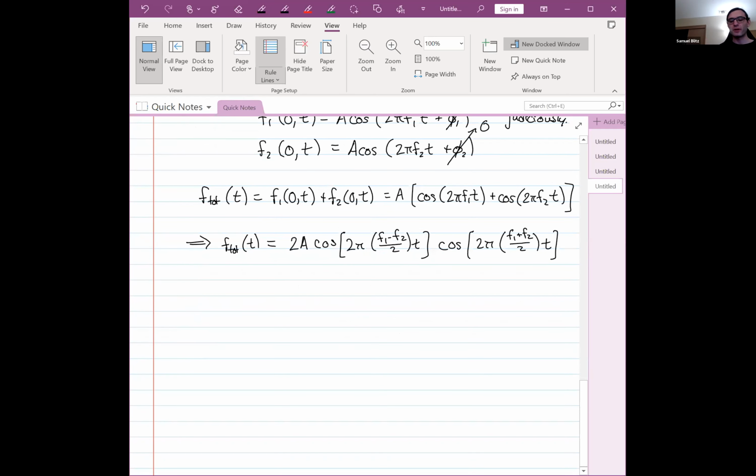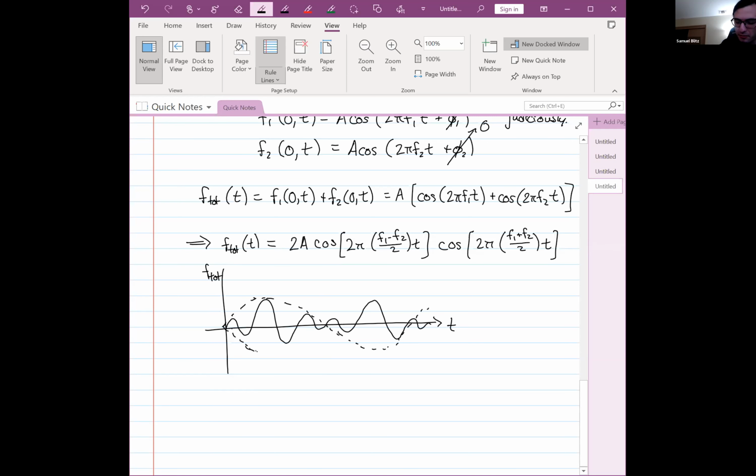And so what the resulting wave looks like as a function of time is something like this, where our wave is encapsulated by something that's called an envelope.